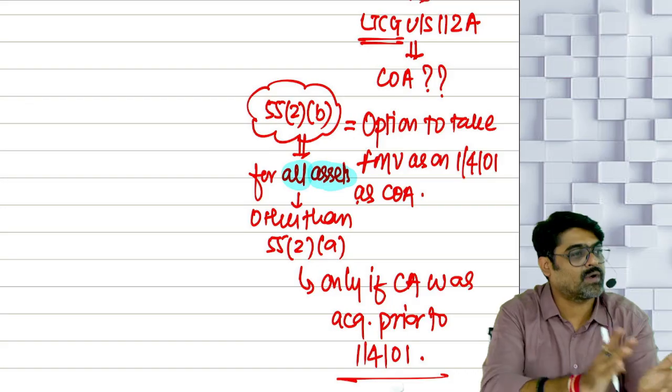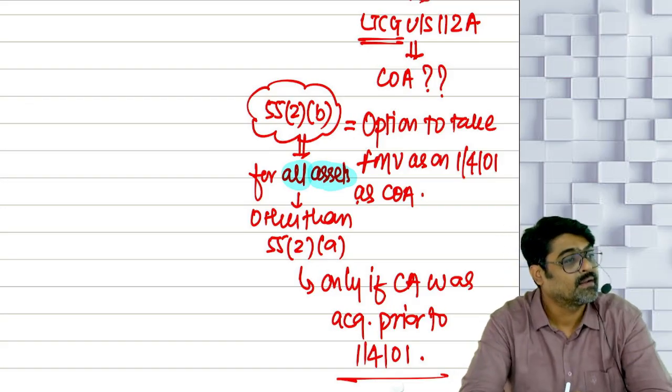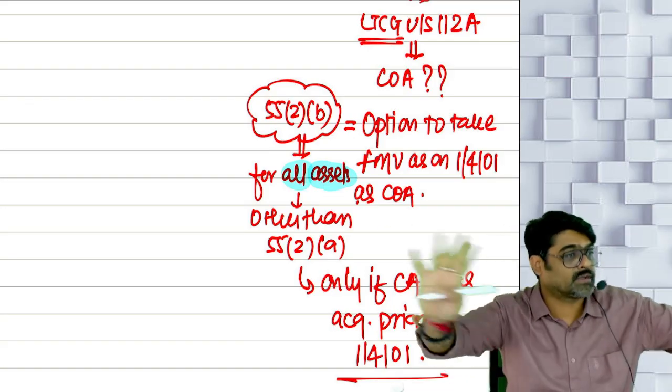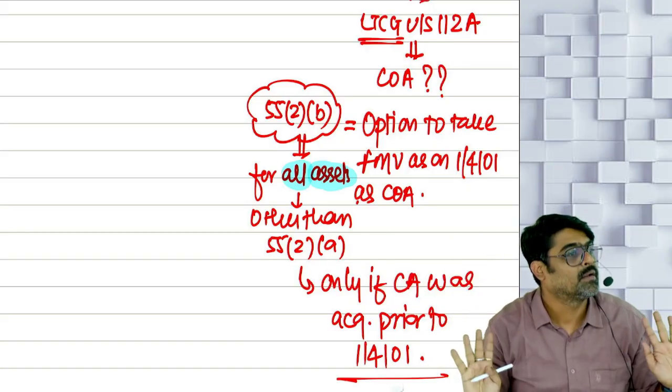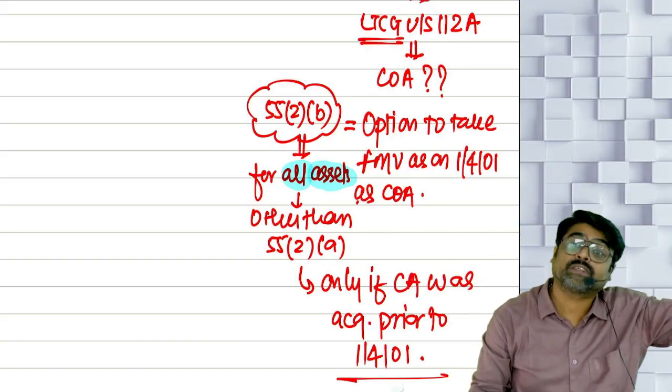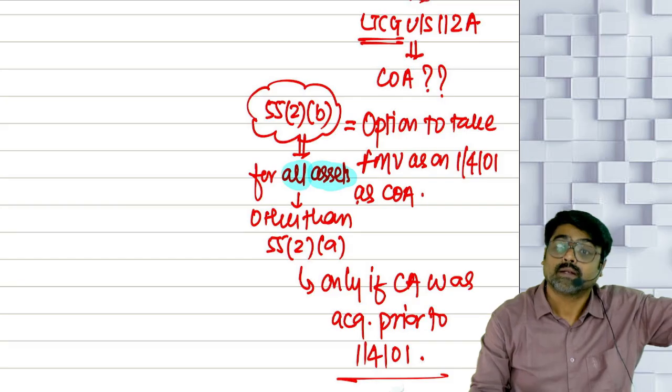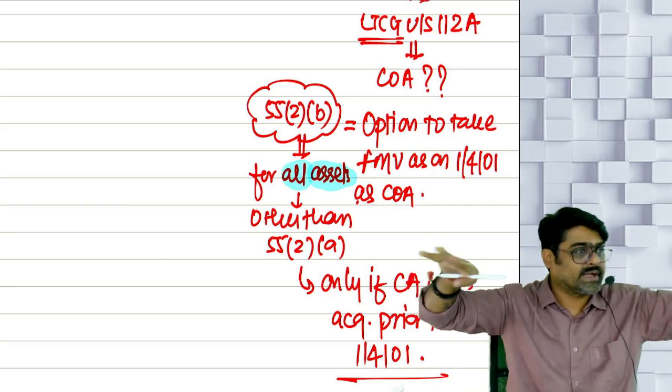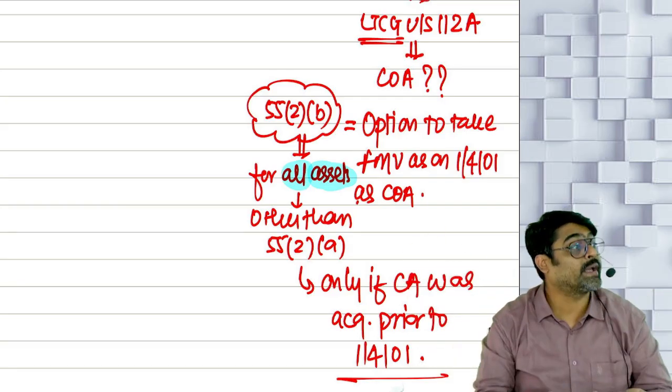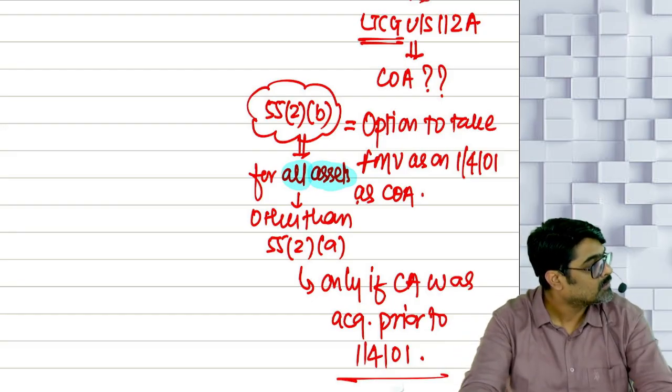If the asset is acquired on or after 1st April 2001, then take actual cost or defined cost. That's it. No option is available. But if the asset was acquired prior to 1st April 2001, then take actual cost or defined cost, as the case may be, or you have the option to take the fair market value also.